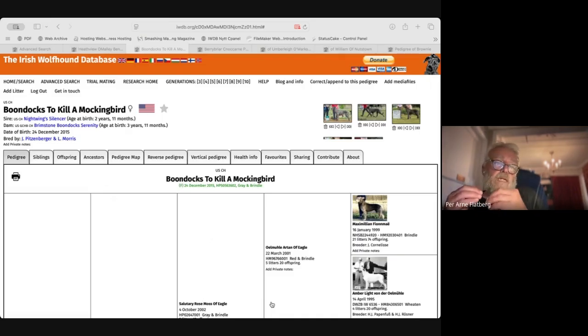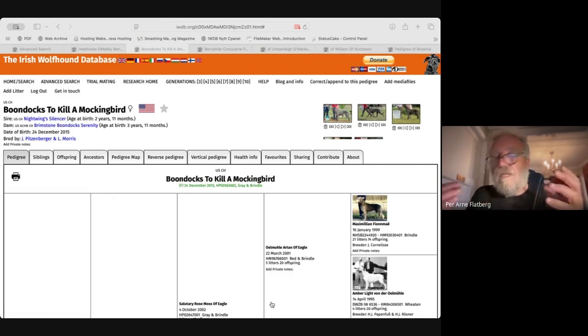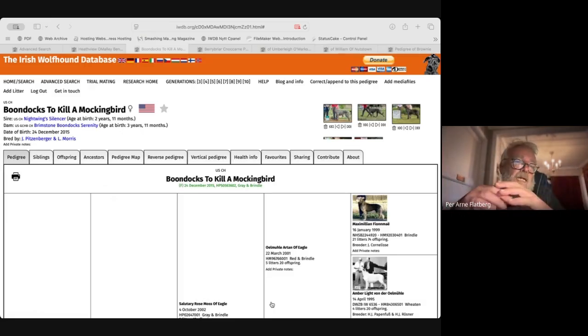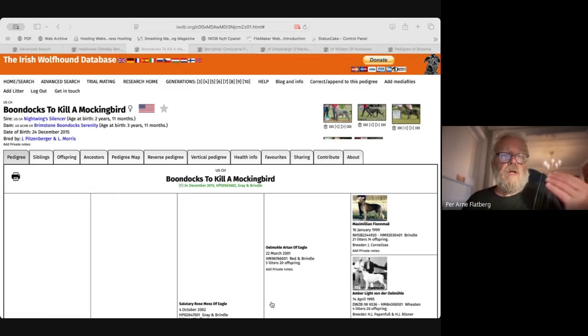So when using estimated breeding values, you look at the whole pedigree and the siblings back there and offspring, and have a rather complete view at the ancestors there and calculate the risk that this puppy will have heart disease or osteo or pneumonia or indeed live a long life.